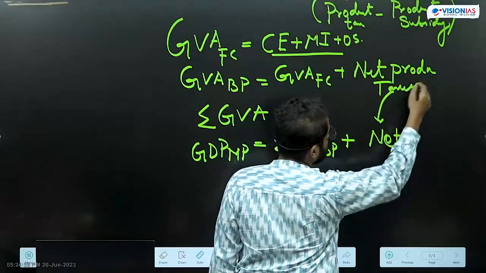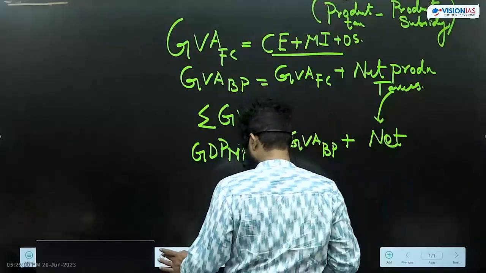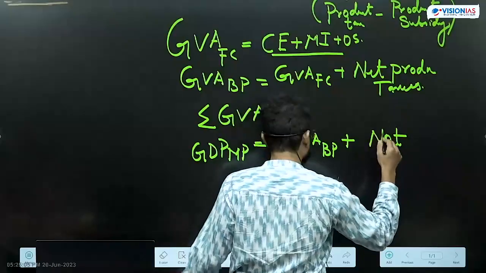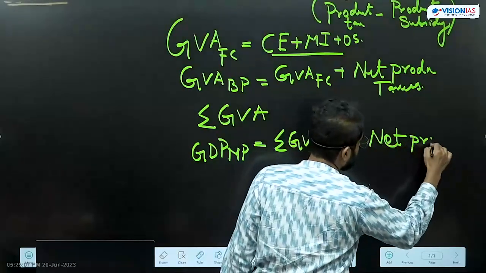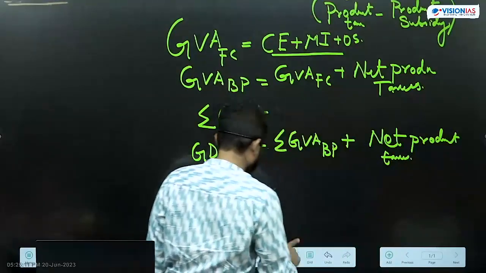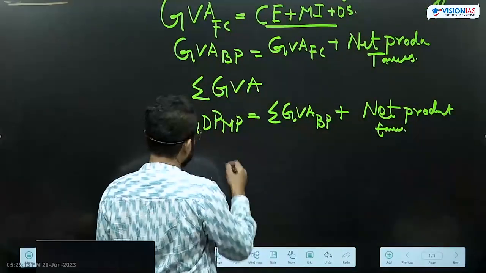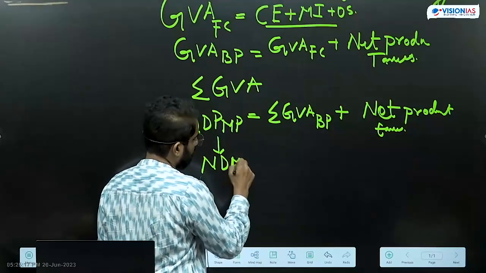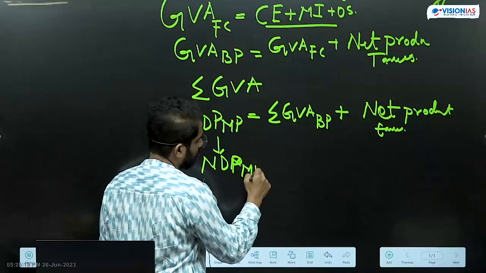Now here this is production, so you may get confused. Wait, this should be product, so it should be net product taxes. From here again it is simple. They go ahead with NDP at market price.